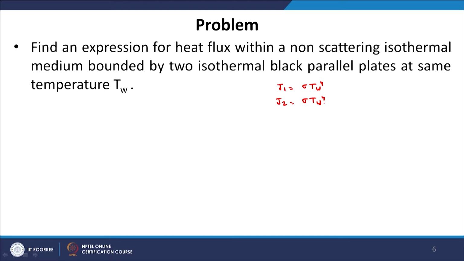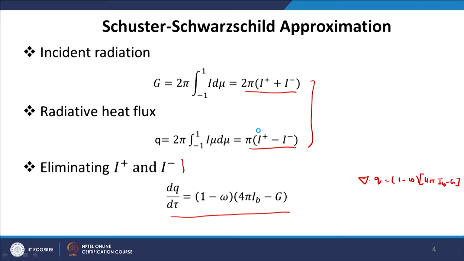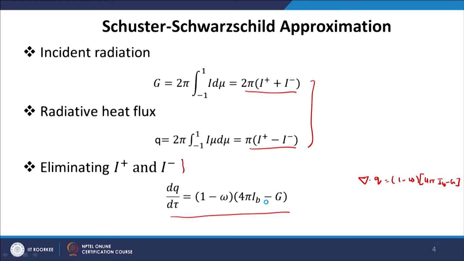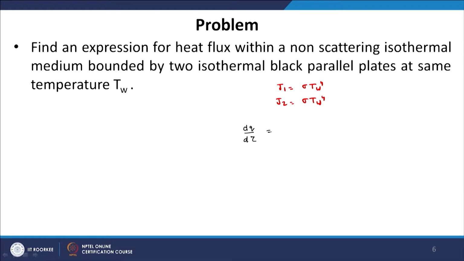We write this equation first. So, the first equation is dq by d tau is equal to (1 minus omega) times (4 pi I b minus G), and omega is 0. So, this equation is simply equal to 4 pi I b minus G, and the second equation is dG by d tau is equal to minus 4 q. Okay.